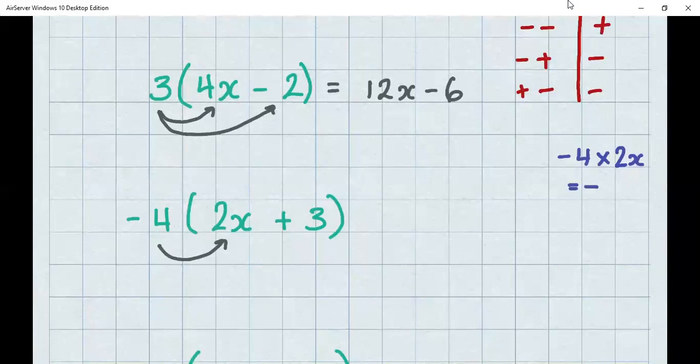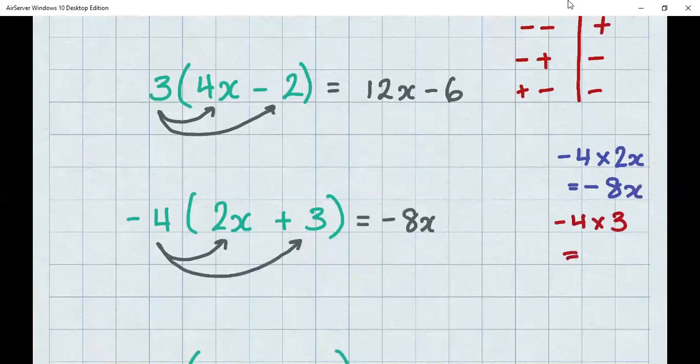Now I'm going to sort out the numbers. 4 times 2 is 8, and I have to multiply that by x as well. So the first part of this is going to be minus 8x, and now I'm going to do minus 4 times 3. So again, let's write it on the side. I've got minus 4 times 3.